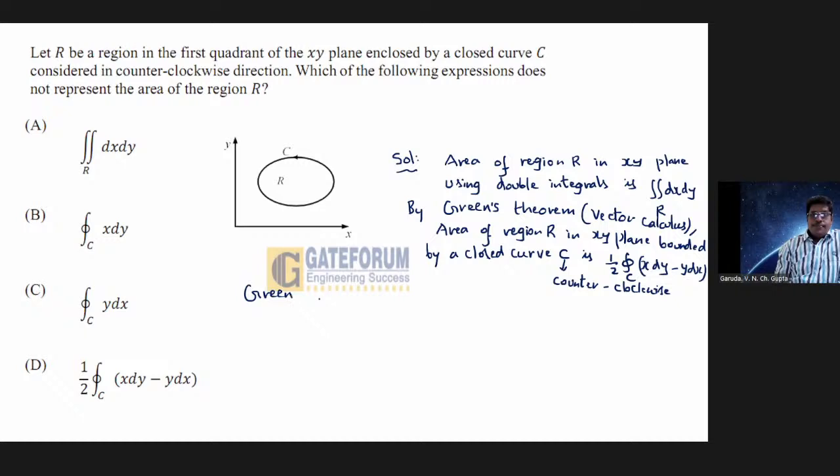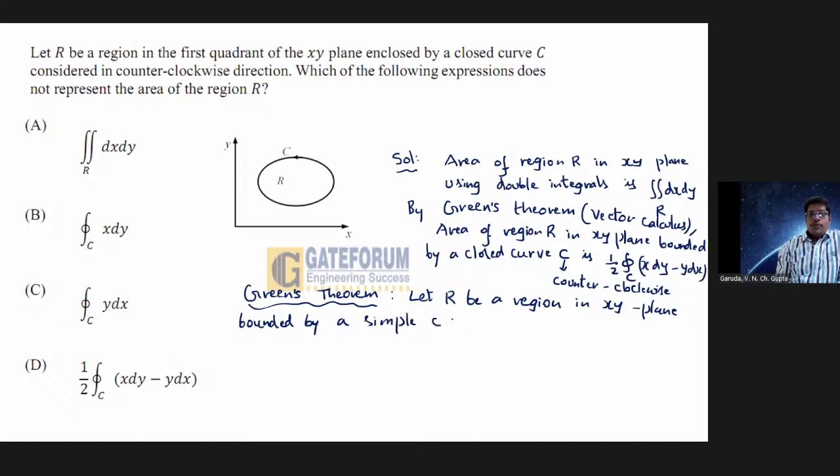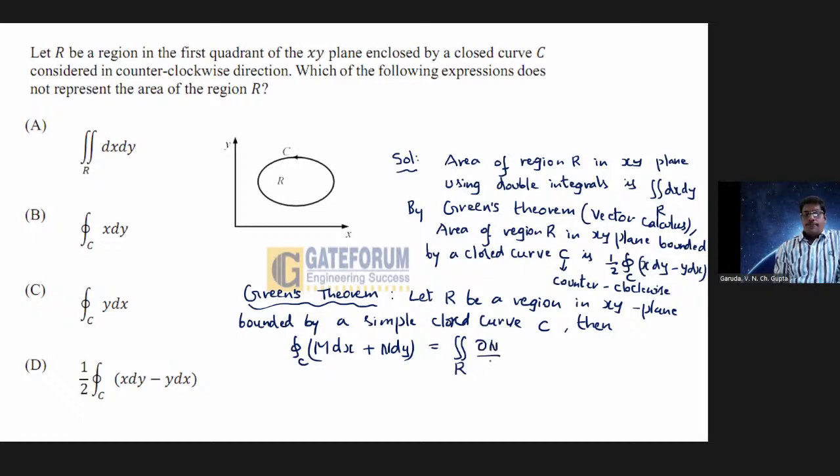What is Green's theorem? Let R be a region in the xy plane bounded by a simple closed curve C, then integral over C of M into dx plus N into dy, where M, N are functions of x and y, is equal to double integral over R of dou N by dou x minus dou M by dou y.